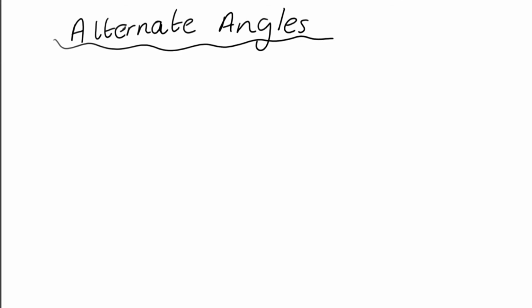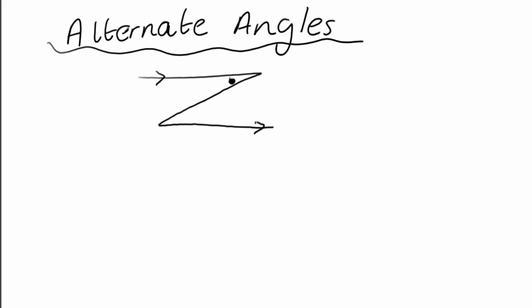Now let's look at alternate angles, and they're like Z shapes. And you've got a pair of parallel sides. Basically, the 2 angles inside the Z shape will be alternate to each other and will be exactly the same.